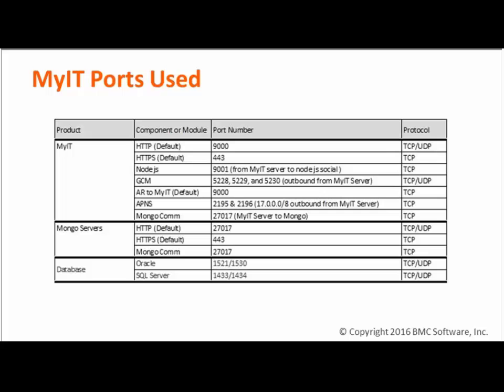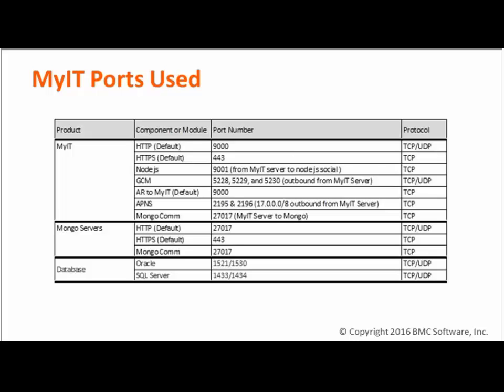With the latest 3.2 of MyIT, it can support version 3.0 and above of MongoDB. In fact, it supports 2.6 Mongo as well, but we recommend using the latest. So these are some of the requirements that you need to keep in mind before you install MyIT.